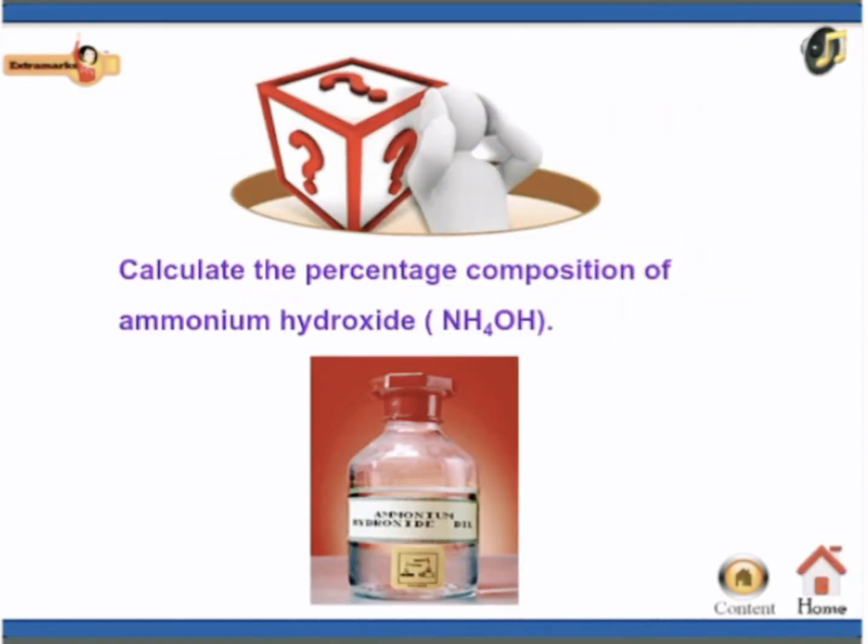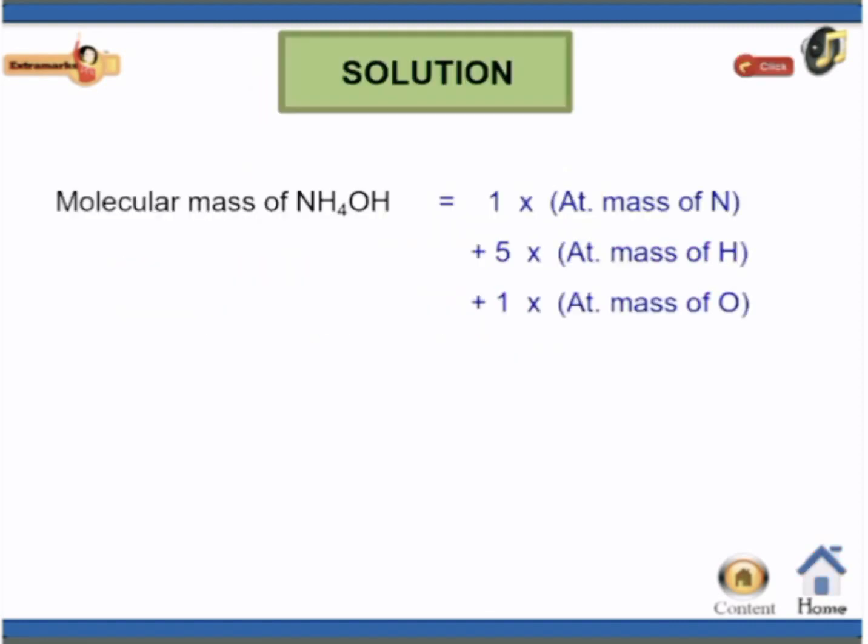Let us solve a numerical. Calculate the percentage composition of ammonium hydroxide. We will first calculate the molecular mass of ammonium hydroxide, which is as follows.